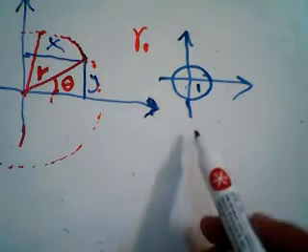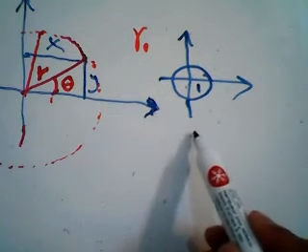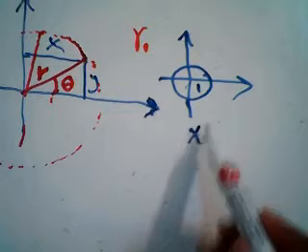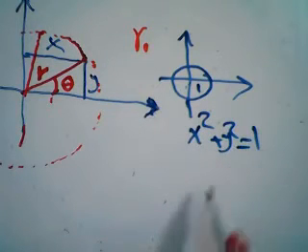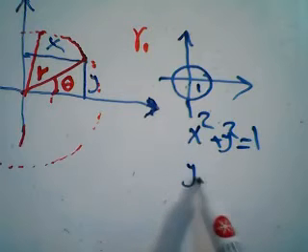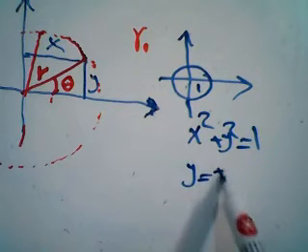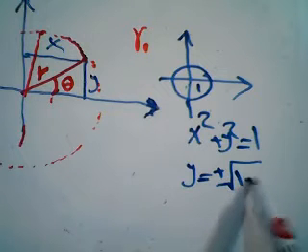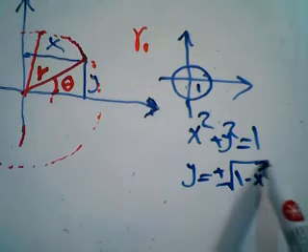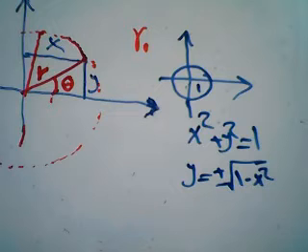In Cartesian coordinates, the equation of the circle is x squared plus y squared is 1. Or if we write y in terms of x, that would be plus or minus the square root of 1 minus x squared.